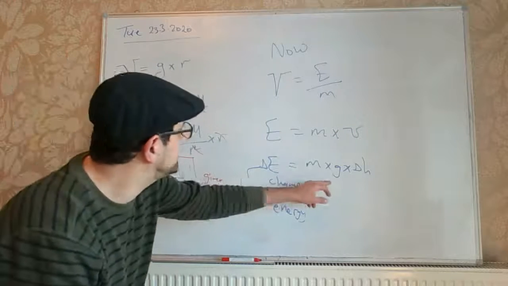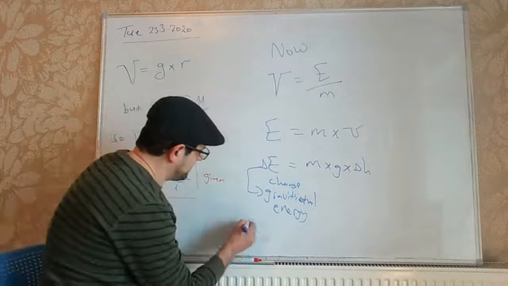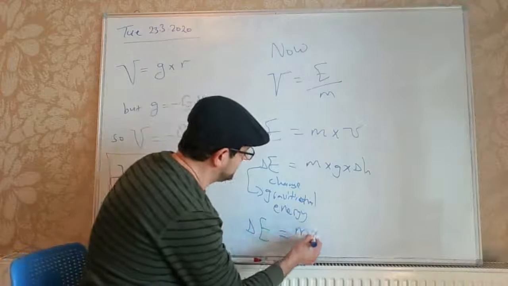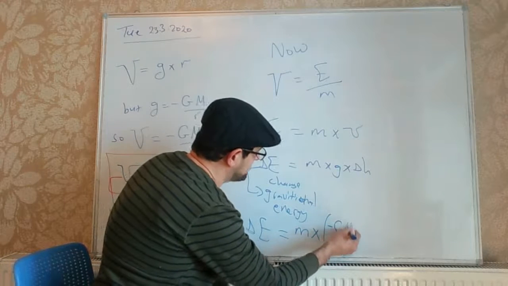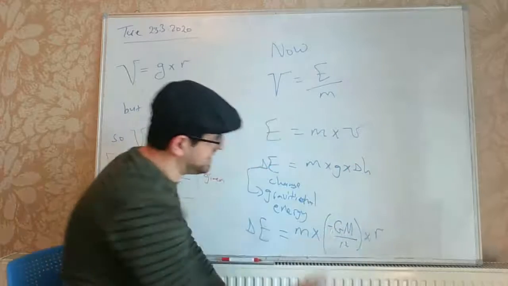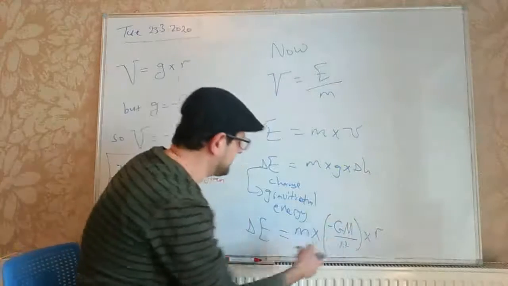Now if I put g in this equation, the gravitational potential energy becomes m times negative Gm over R squared times R, the same as delta h, so they will cancel out.